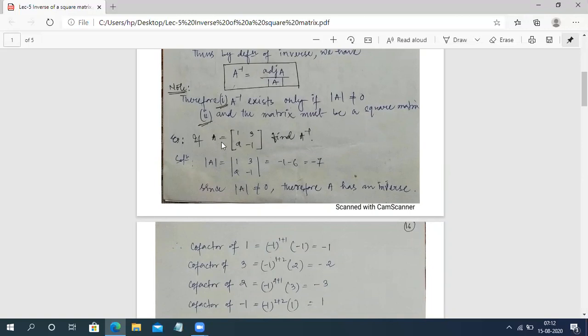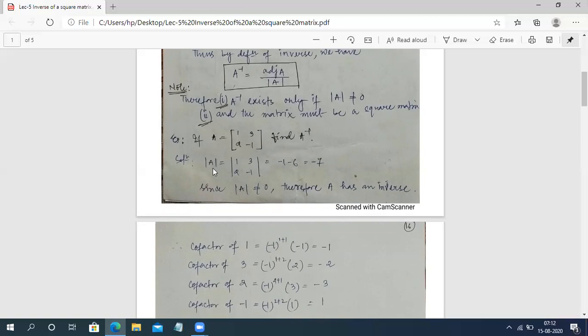First, I am giving one example of a 2 by 2 square matrix to find the A inverse. Suppose this is a given matrix: A is equal to 1, 3, 2, minus 1. So first we need to check whether inverse exists or not.